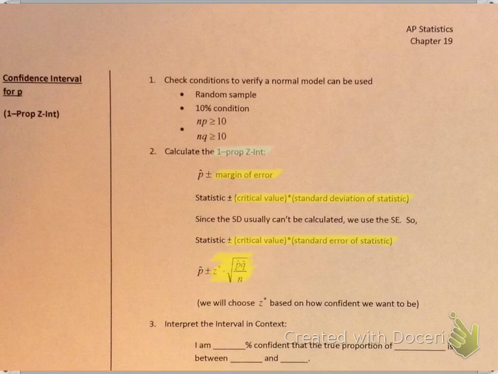You need to keep that in mind. Then at the end, because we always interpret in context, I am whatever percent confident that the true proportion of whatever the context is is between that bottom bound percent and that top bound percent.